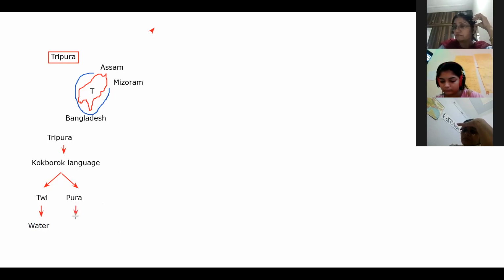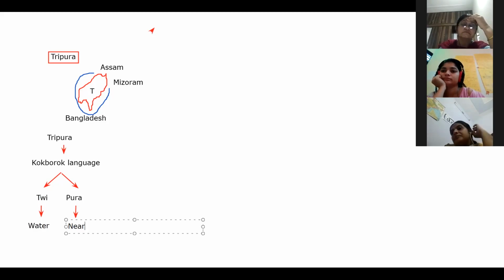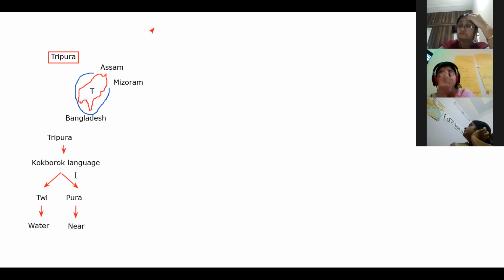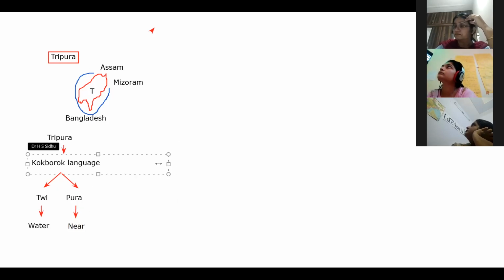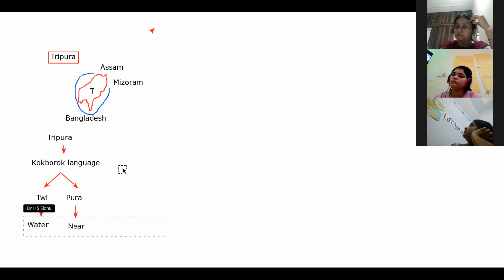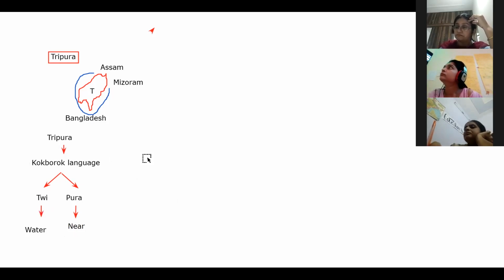So it means Tripura is a state which is near to water. This is important to note: though today it is not so, in the past the border of Tripura touched the Bay of Bengal.